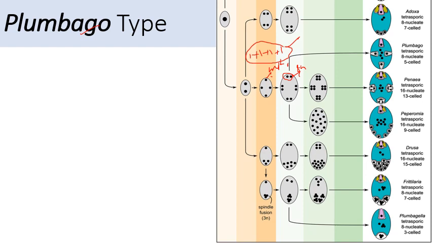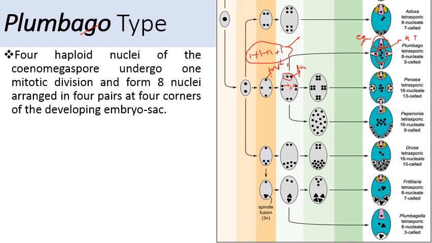And after that a single nucleus will move toward the center from each corner. That will give rise to a 4n type of secondary nucleus. 4 polar nuclei होंगे central cell में, and the remaining cells will be at 4 corners. At micropylar end, a single cell will form an egg, और बाकी rest of the 3 cells they are present at the 3 corners. So here 4 haploid nuclei of the megaspore will undergo 1 mitotic division.